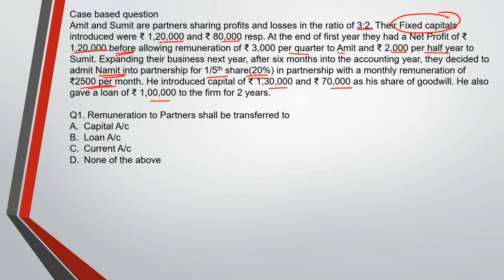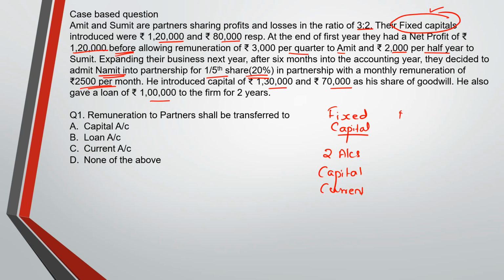Now look at this situation. They are following fixed capital system. You should know that there are two different capital systems which can be followed by a partnership: fixed capital system and fluctuating capital system. Under fixed capital system, we have two accounts being maintained. One is the capital account, the other one is the current account.